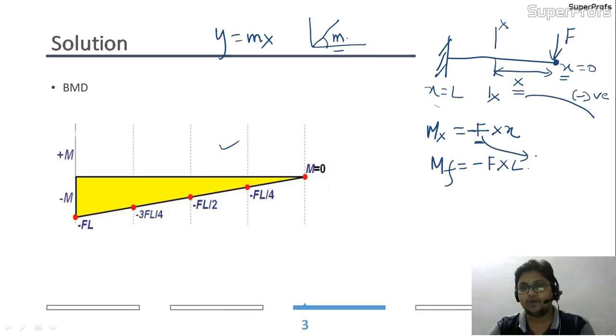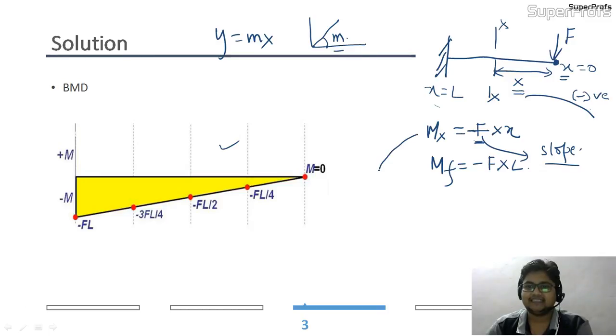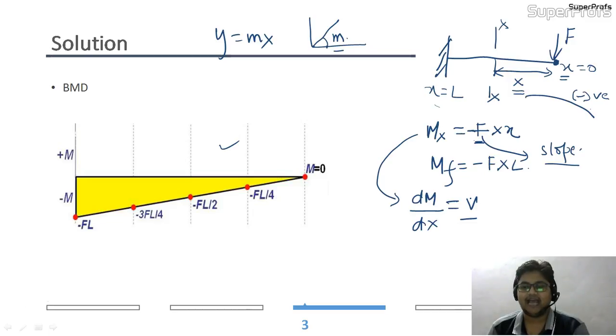I want to represent this mathematically: dM by dx, which is nothing but the slope of the equation of M from which we draw the bending moment diagram, is nothing but the shear force V. So shear force V is the slope of the bending moment diagram.